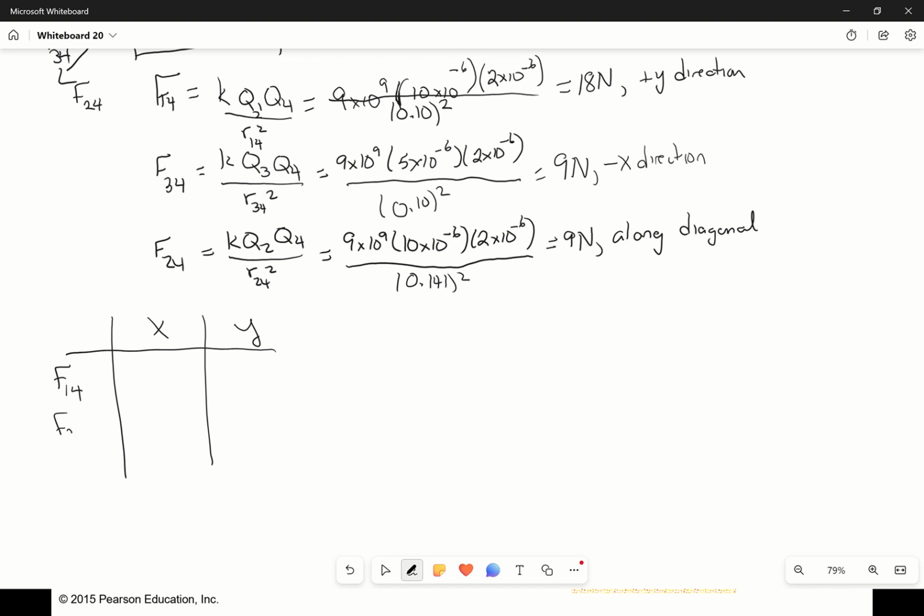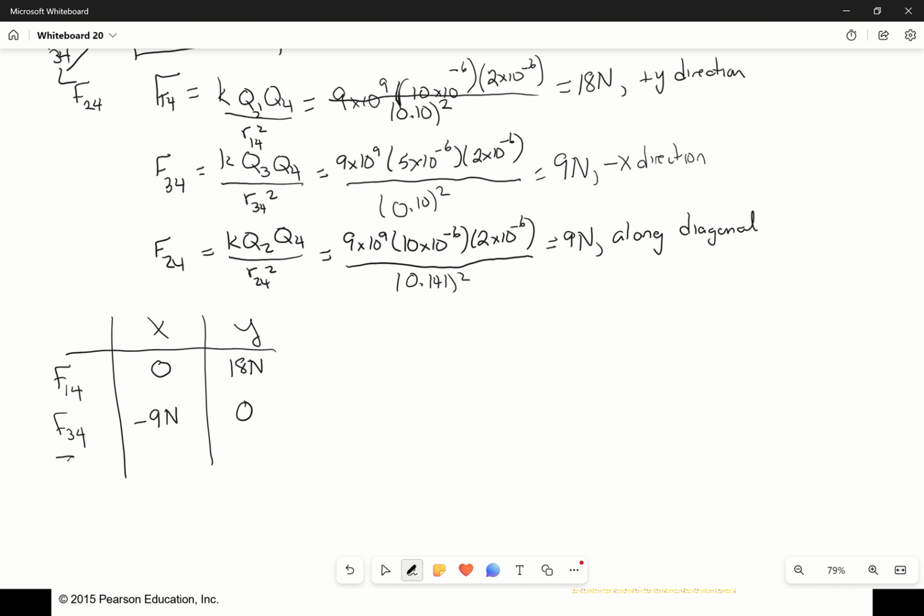Force 1, 4 is all in the plus y direction. So it's got 0 in the x direction, and the whole 18 newtons is in the plus y direction. Force 3, 4, that's all in the minus x direction. So it's got minus 9 newtons in the x direction, 0 in the y direction.